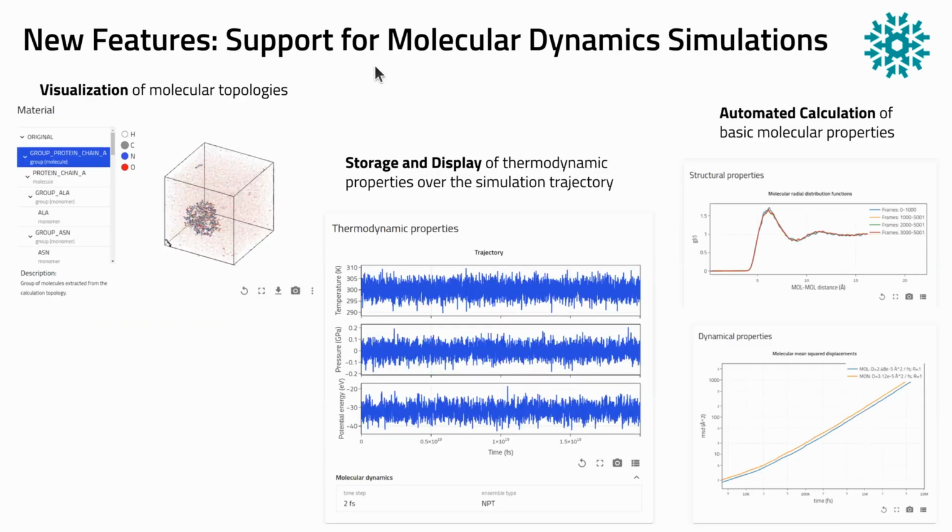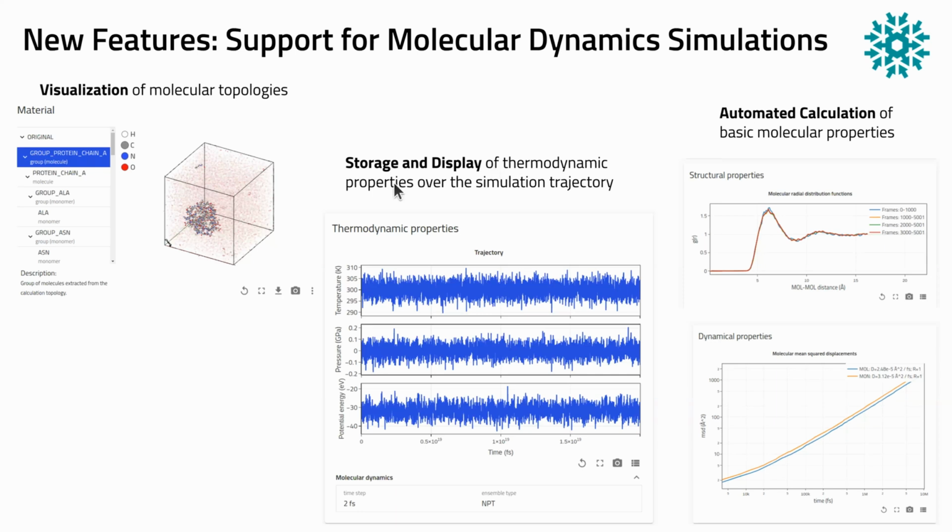So the other area in terms of new features is that we have support for molecular dynamics simulations, and this is where this hierarchy of systems comes into play in terms of the visualization of molecular topologies. So for example, this is a protein simulation, and you can click through the different levels of the system, the protein, the water, and then the different subunits of the protein, and you can see very easily what the system is composed of.